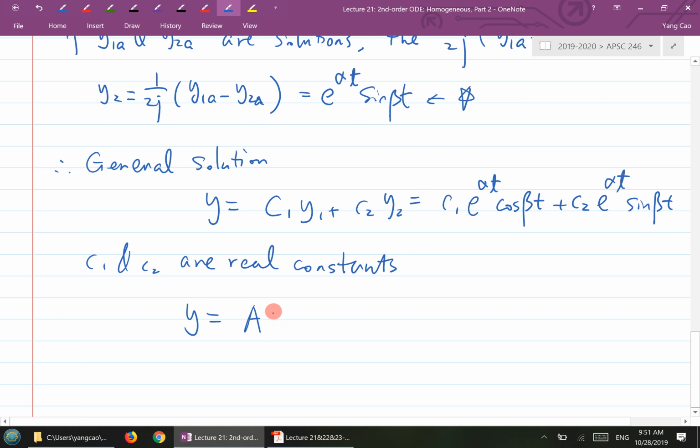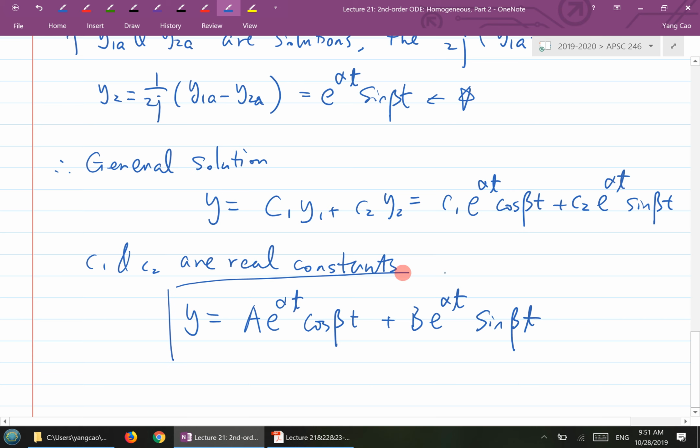So use A and B instead of C1, C2 for the writing here, which is fine, it's the same thing. So that's the general solution for case number 3, when you have two complex conjugate roots.